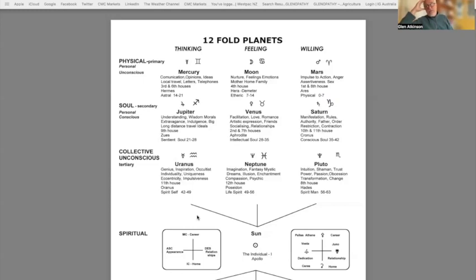The magnetic field of the Earth can contain all of these resonances that have been put there by all of the people and animals and so forth that have ever lived. And so this is like a big computer holding all of these memories in this big silicon chip of the Earth's magnetic field. And so when we have a thought and we put that out into the field, it feeds back to us.